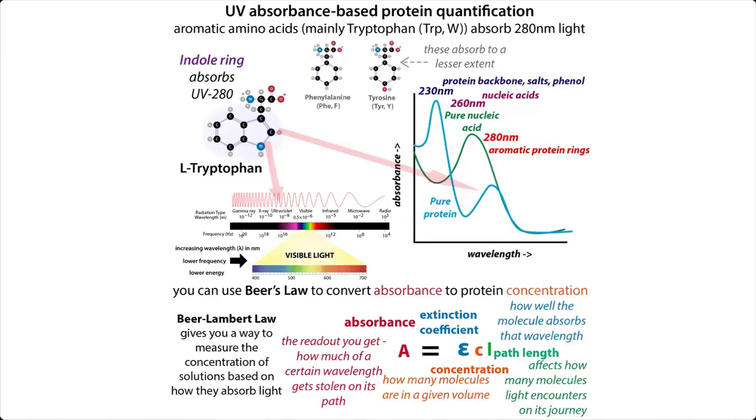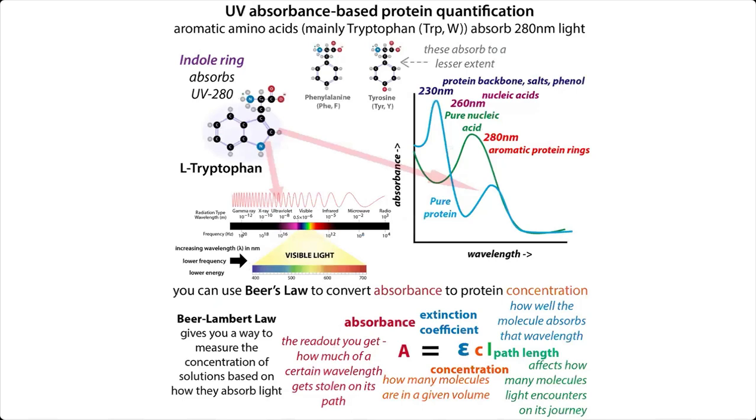The 280 absorbance is not just going to depend on how much protein you have, but also the composition of the protein. Different proteins are going to have different amounts of tryptophan, phenylalanine, and tyrosine. Therefore, if you had the same amount of one protein that had a lot of tryptophan, it would be absorbing more light than that amount of a different protein that didn't have very much tryptophan.